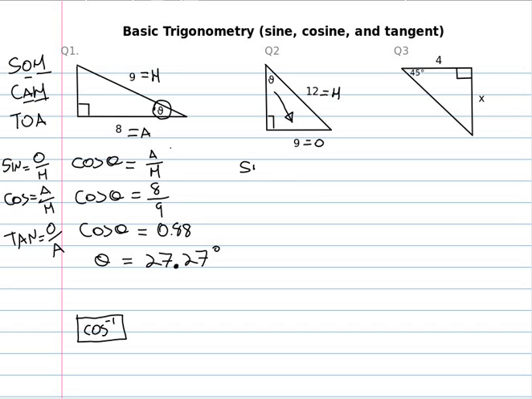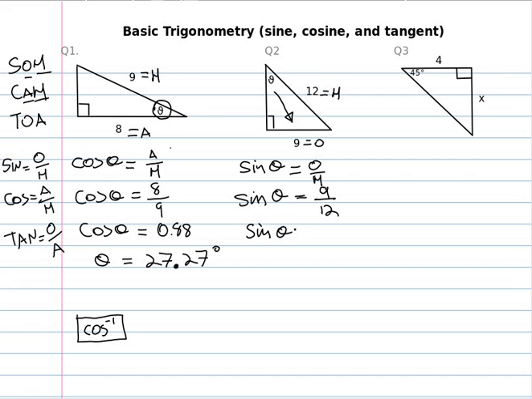So sine theta equals opposite over hypotenuse, and you don't have to write that, but it's just an aid to memory if we do it while we're practicing. So sine theta equals 9 over 12.